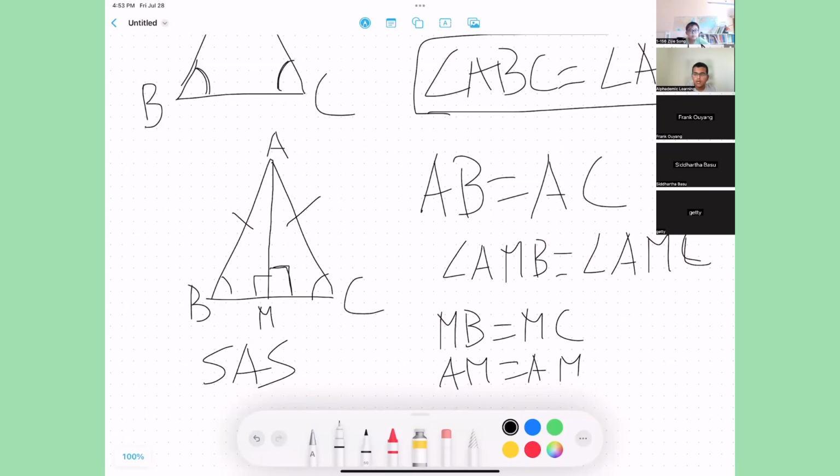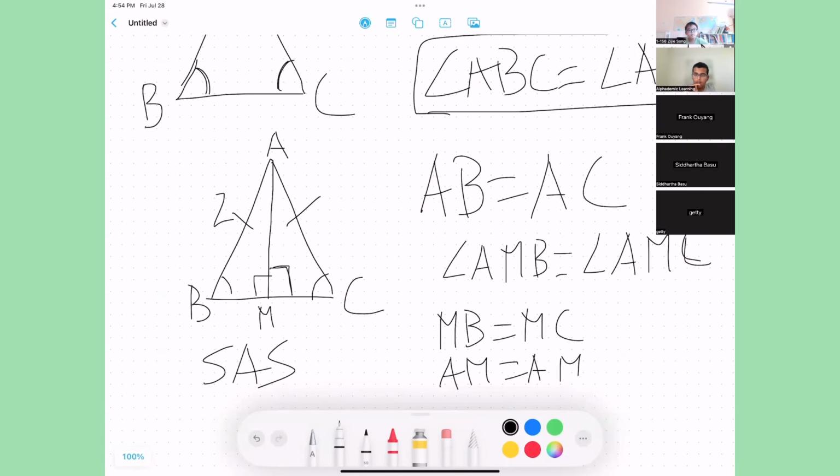Can we also prove it by the Pythagorean theorem? Because if we split the base by half, then let's say half of the base is x, and the height is the same, let's say the height is y, then x squared plus y squared is equal to the side we want, z squared, and z squared is the same.